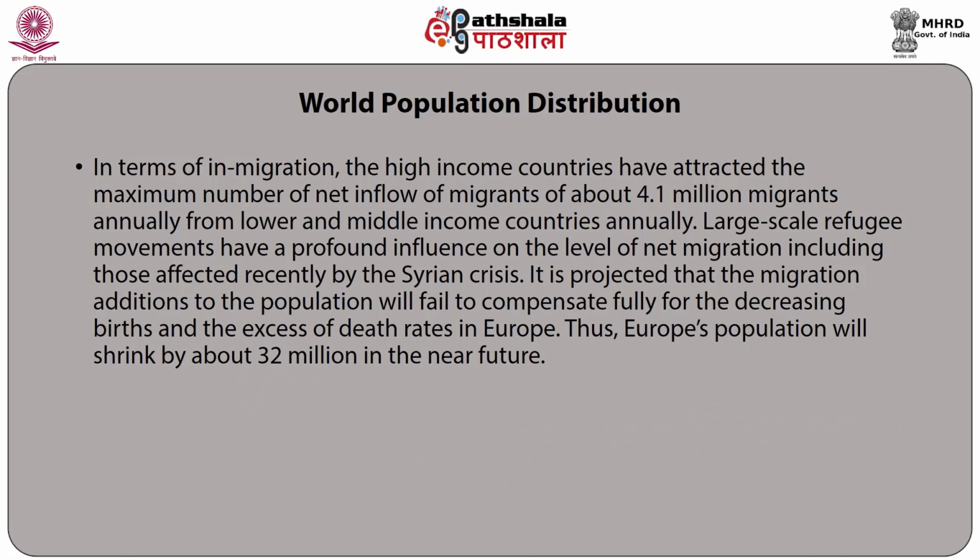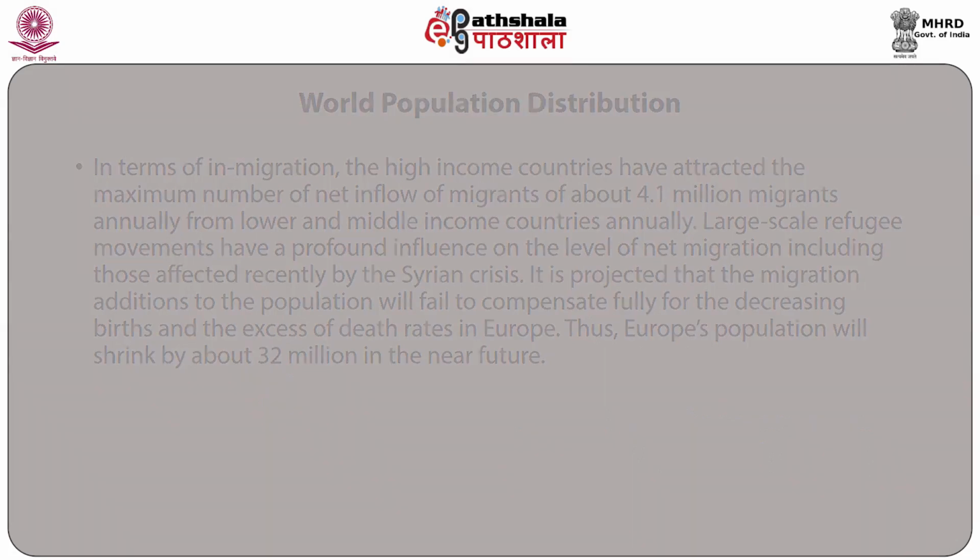It is projected that the migration additions to the population will fail to compensate fully for the decreasing births and the excess of death rates in Europe. Thus, Europe's population will shrink by about 32 million in the near future.